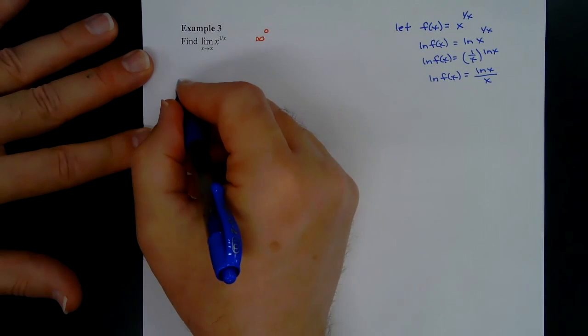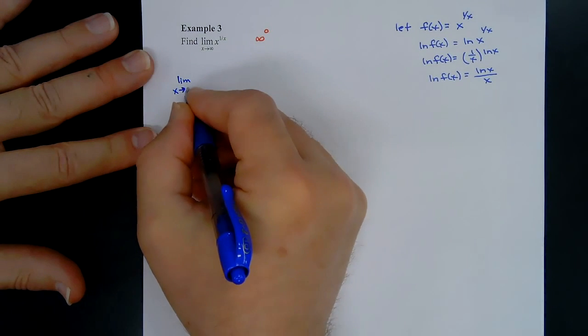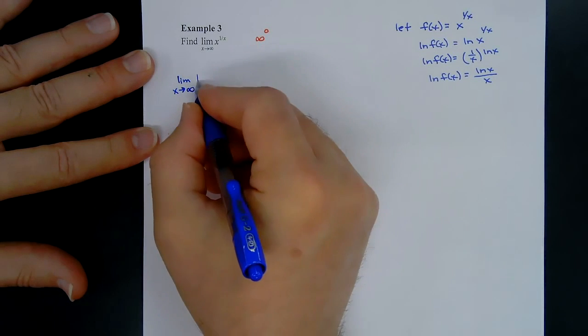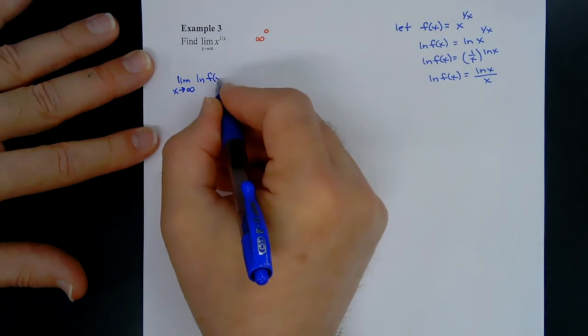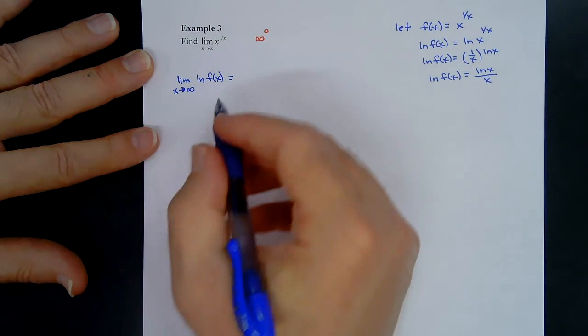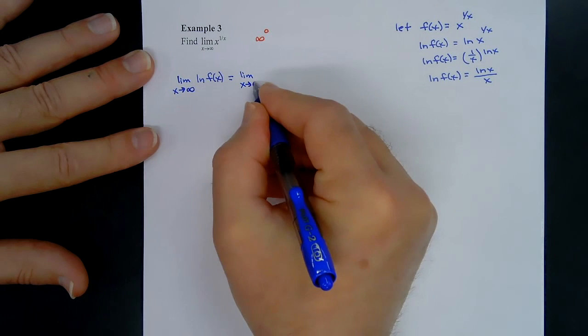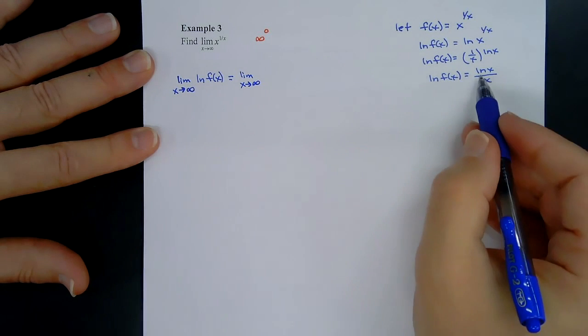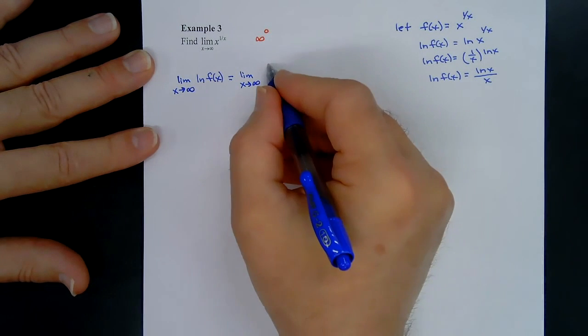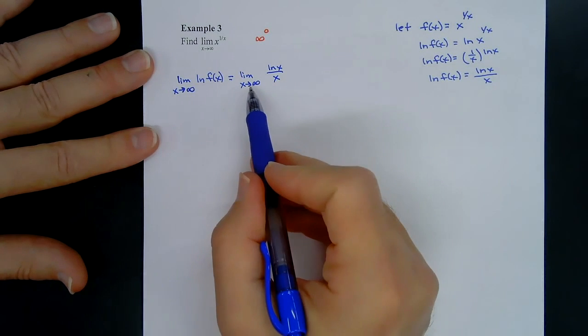So right here, we want to find the limit as x approaches infinity of ln of f of x. And then we're going to use this limit to figure out this one. So this is the limit as x approaches infinity of ln of x over x. So what happens when x approaches infinity?